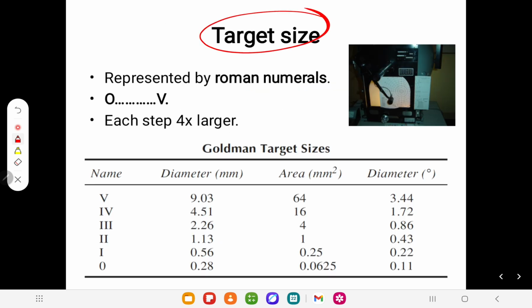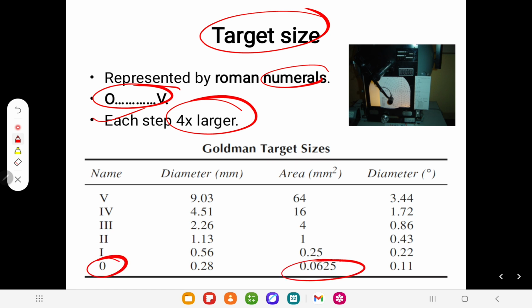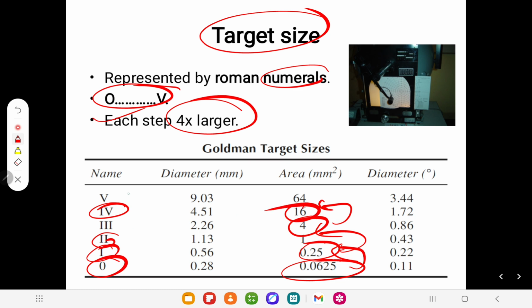Target size is represented by Roman numerals from 0 to 5, and each step is 4 times larger in area. 0 means an area of 0.0625 mm square. 1 means multiplied by 4, 0.25 mm square. 2 means 1 mm square. 3 means 4 mm square. 4 means 16 mm square. 5 means 64 mm square.